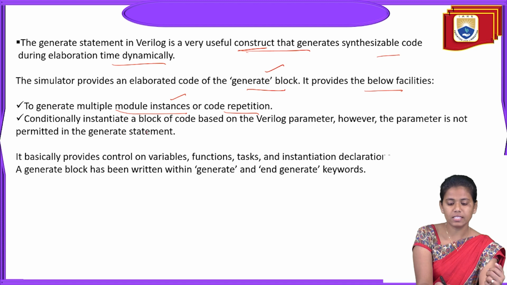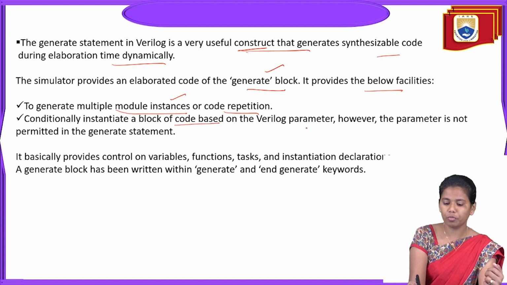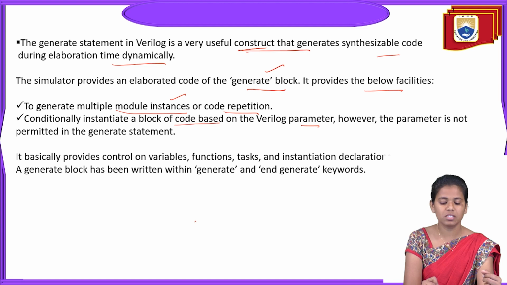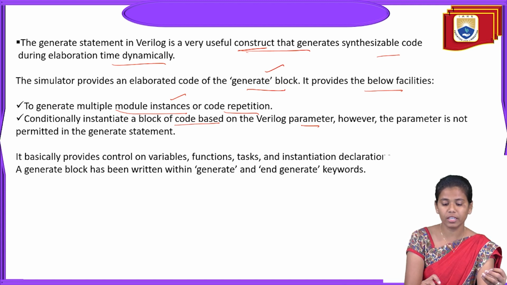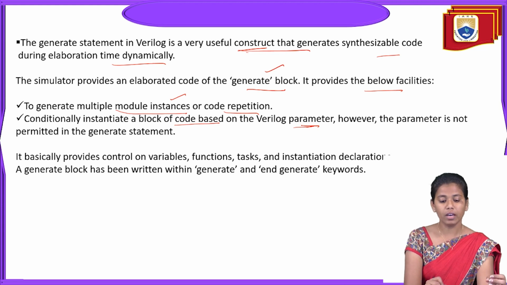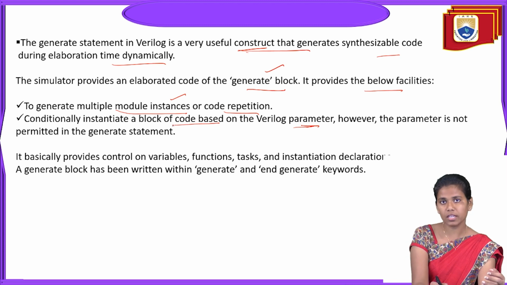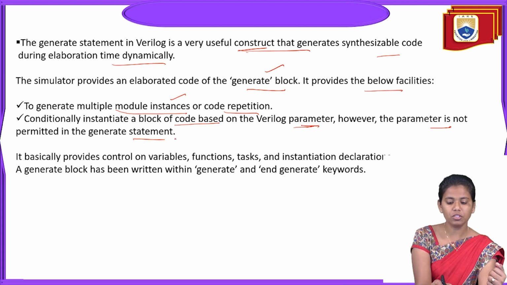Then, it conditionally instantiates a block of code based on the Verilog parameter. A block of code is instantiated conditionally using conditional statements, if else and so on, based on the parameters described in Verilog. However, the parameter is not permitted in the generate statement.